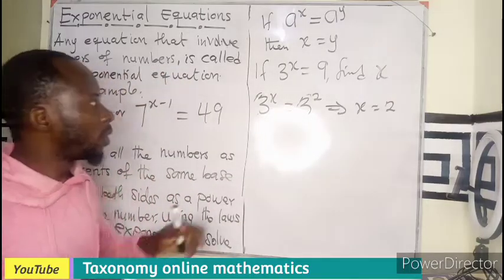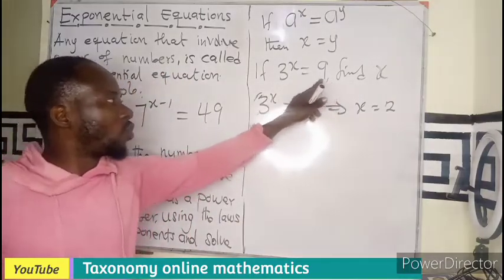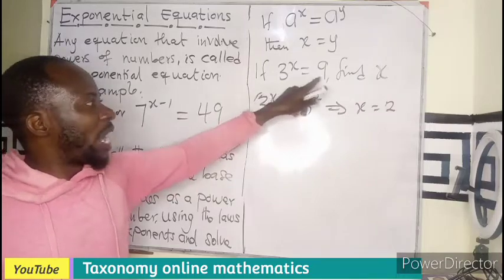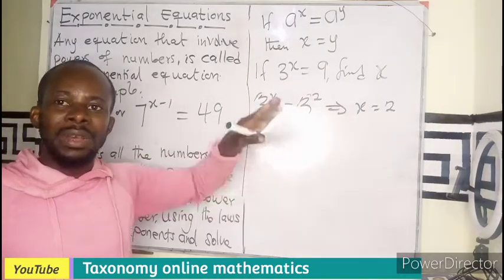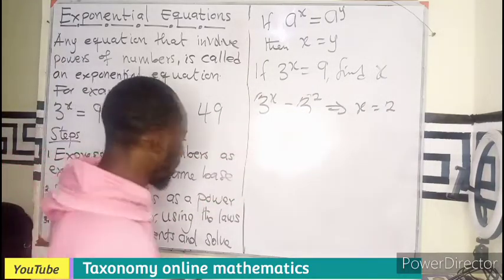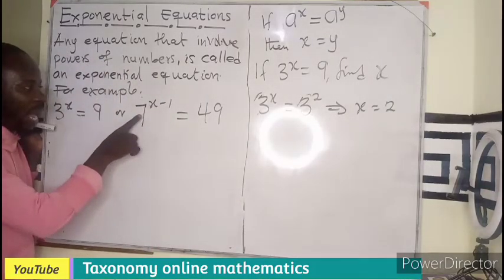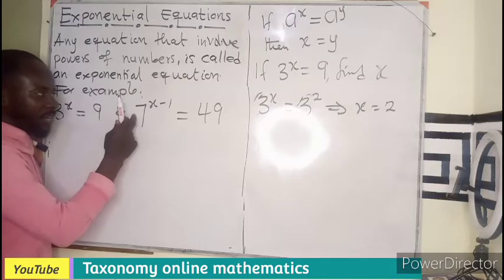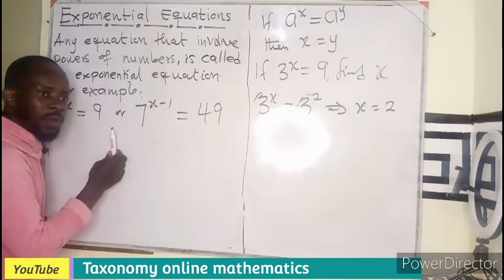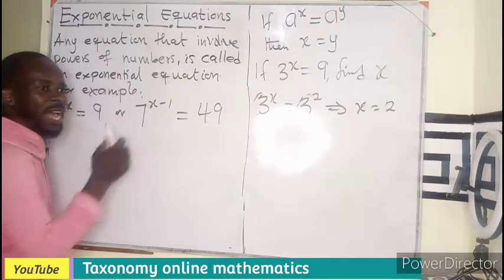So all you need to do is to try your best to express each of the numbers to have the same base. If we take, for example, 7^(x-1) = 49, we have to find the value of x.